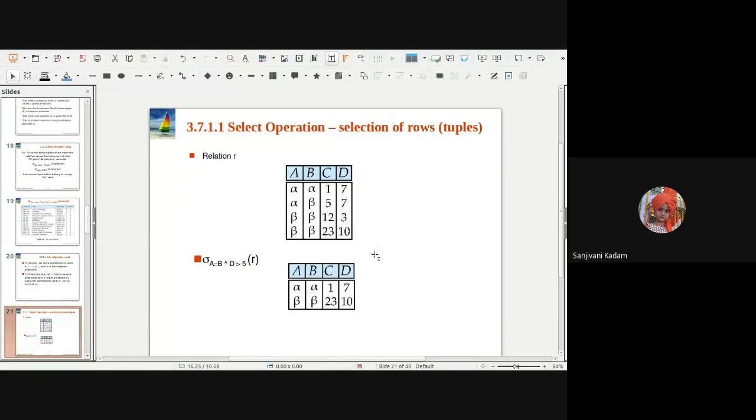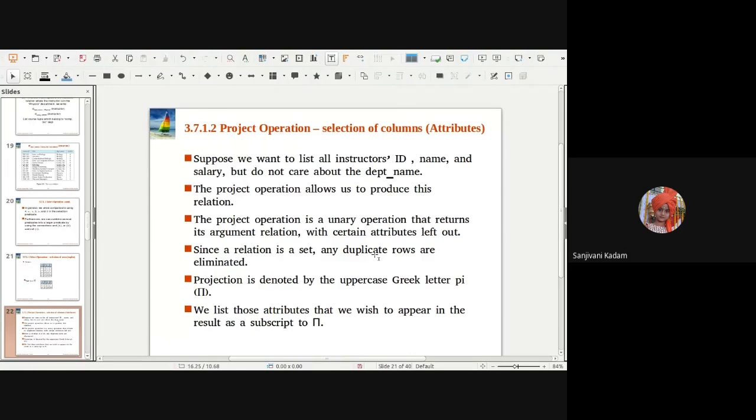Next, we studied a few examples for the select operation of relational algebra, and next we started with the project operation. So project operation is used for selection of columns. All the columns may not be required for the output, and for this purpose we are using the project operation.